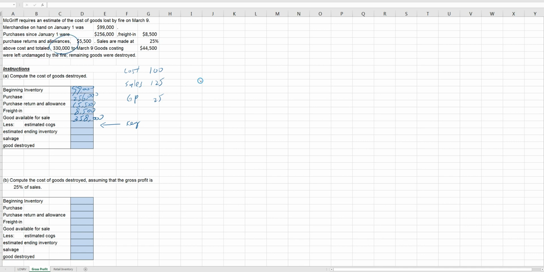Now, if the total sales are $330,000, then what is the cost? Right, so we're going to apply the formula. Cost of goods sold equals sales divided by 1 plus the gross profit percentage.